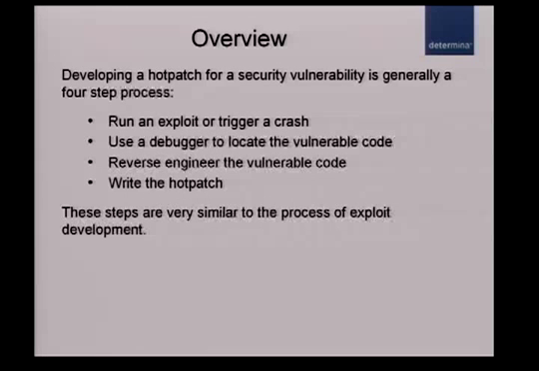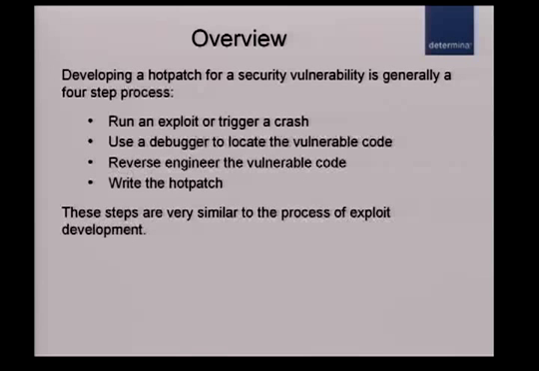Usually, to develop an exploit, you start with some kind of request or a file that is malformed and crashes the application. You would run it in a debugger. You would find where the application crashes. Then you would use IDA Pro to reverse engineer the application code around the location where the crash happens.